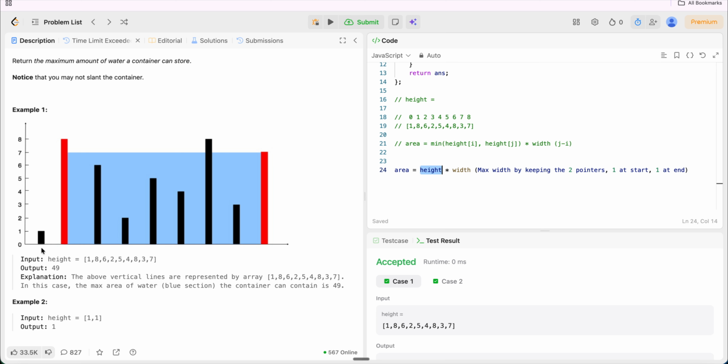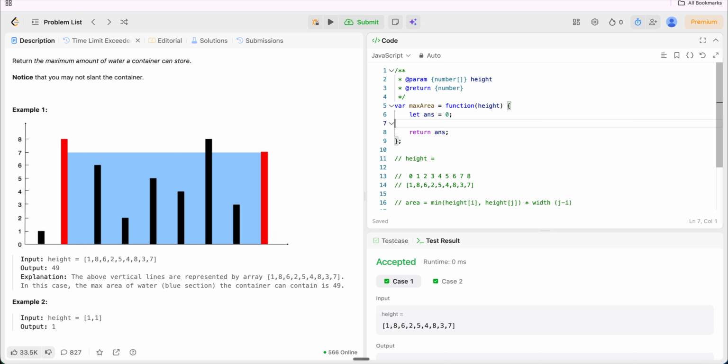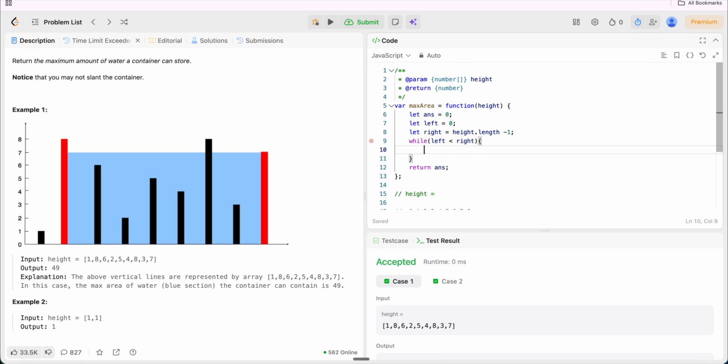So let's say I have 2 pointers. Let me write the code for this as well. Let's say left is at 0 and let right is equal to height dot length minus 1. I will keep checking left is less than right, because we at least need 2 bars to calculate the area, right?